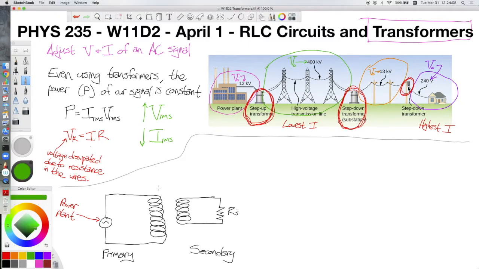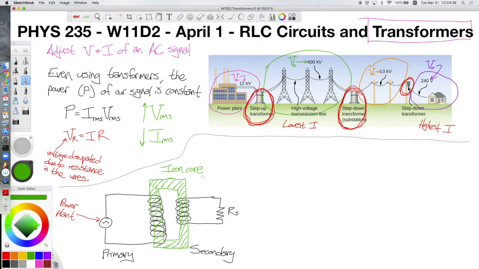Most real-life inductors also have one other aspect to them that's going to be a little hard to draw, but I'm going to try. They have something called an iron core. So this that I've drawn here is supposed to be an iron core that goes through the center of each of these two coils of wire.